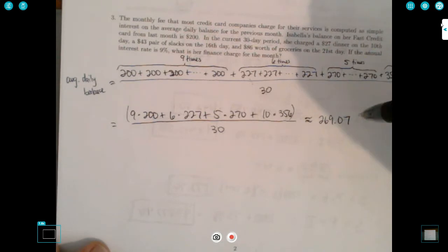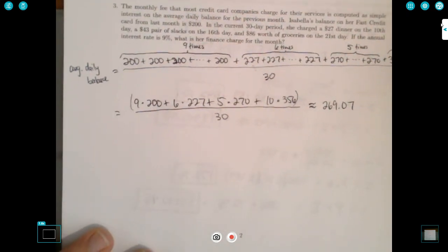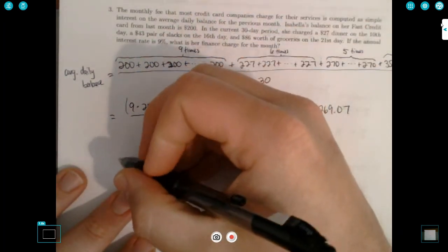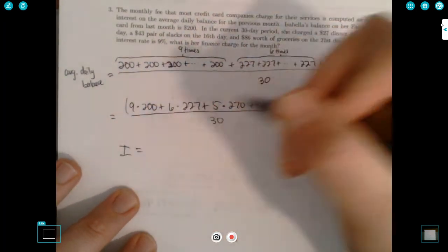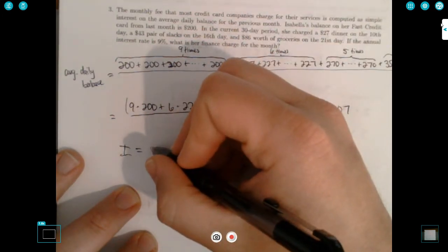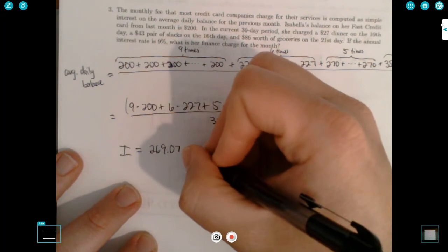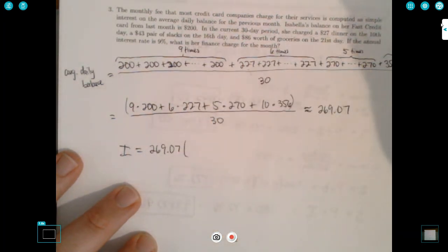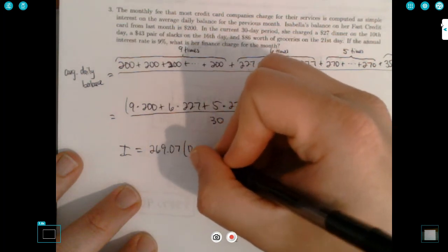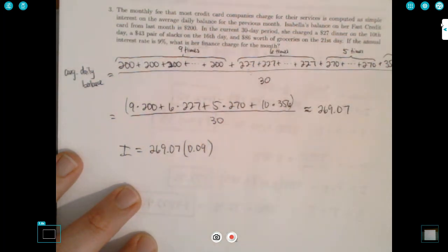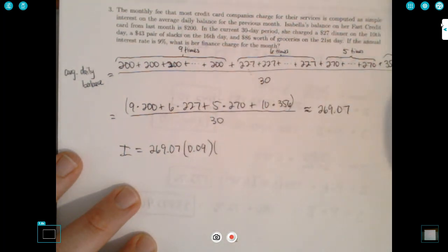We're going to multiply that by the interest rate and then times the 30-day period. So the monthly fee, the interest that they charge, is going to be 269.07 times the interest rate of 9% annually, which is 0.09 as a decimal, times the amount of time.